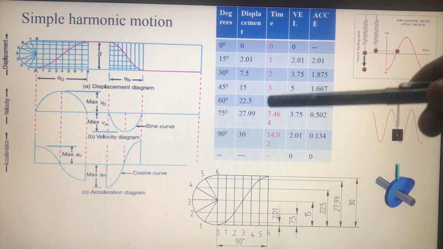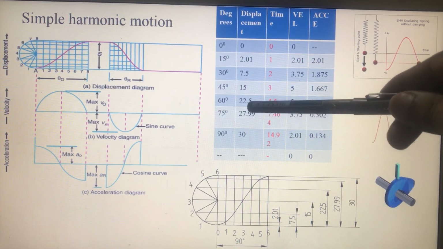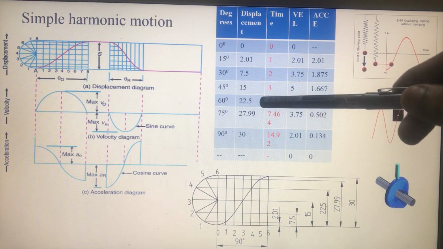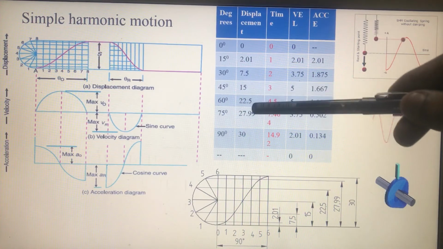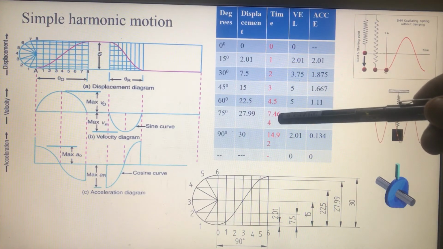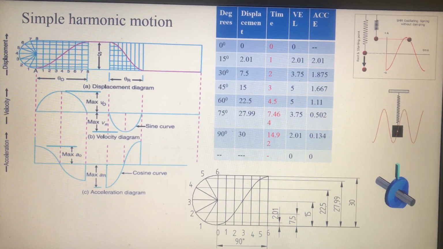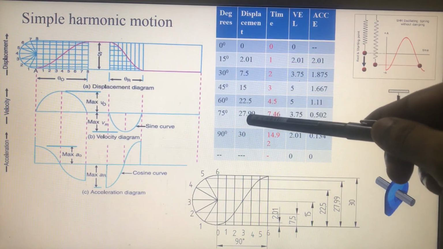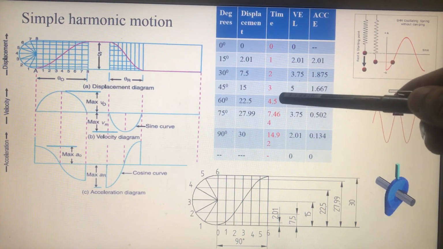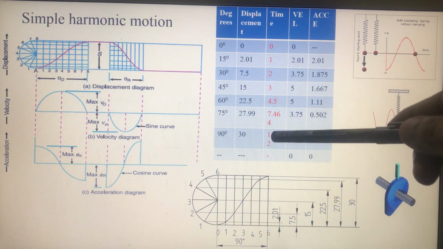We'll go to the next one. 27.99 minus 22.5, that is 5.49. For the next 5.49 displacement, it is taking 7.46 minus 4.5 seconds. That means here the displacement is decreasing, but the time in the denominator is increasing.